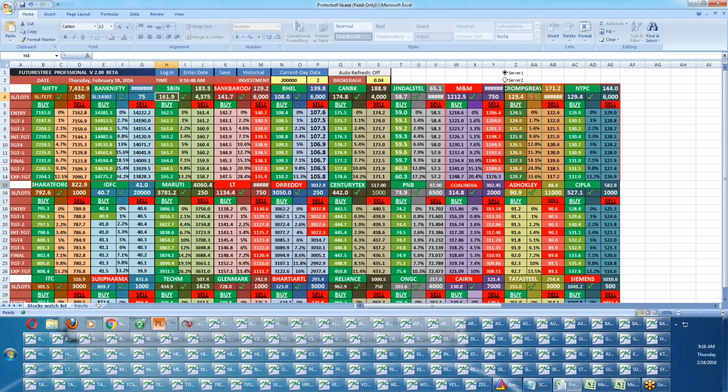You can just see that there is a globe icon which is rotating at the left corner. That means that your current day data is being loaded.